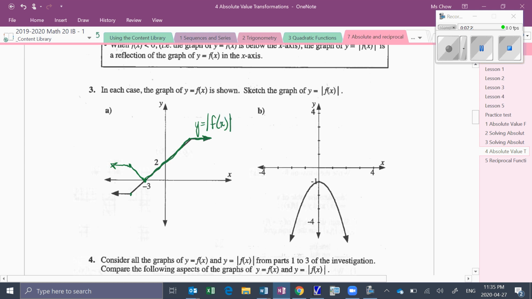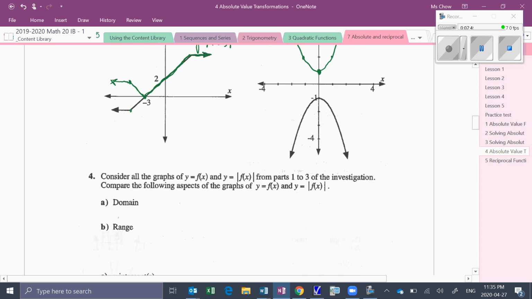So anything below comes above. So since everything for part B is below, the whole thing is going to reflect. So I'm looking for some key points right here, and so this should look like it's quadratic now opening up. So this is y equals the absolute value of f of x.